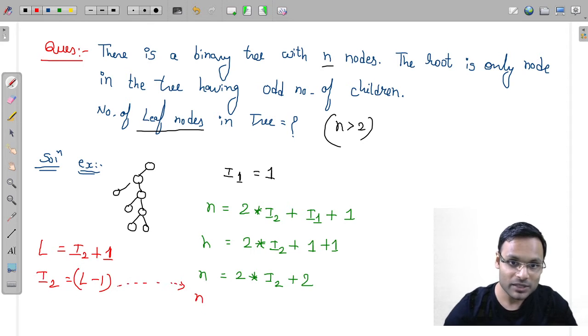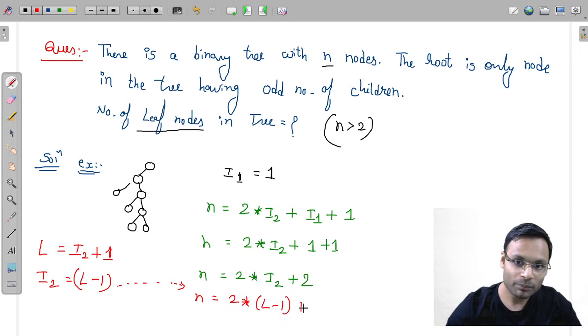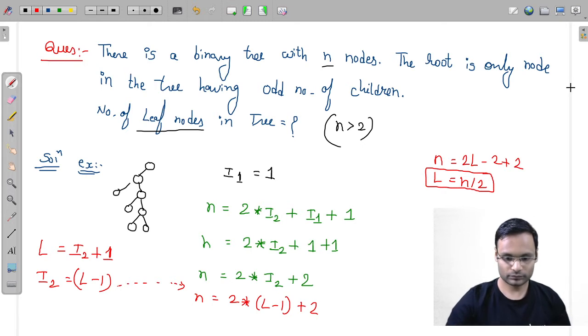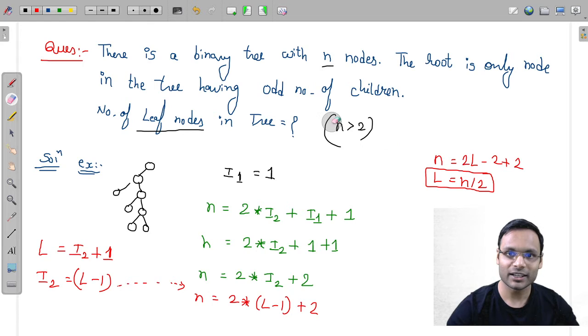So it becomes n is equal to 2 times (L minus 1) plus 2, and n is equal to 2L minus 2 plus 2. From here you will get L is equal to n by 2. This is given in the question, that the number of nodes n is greater than 2.